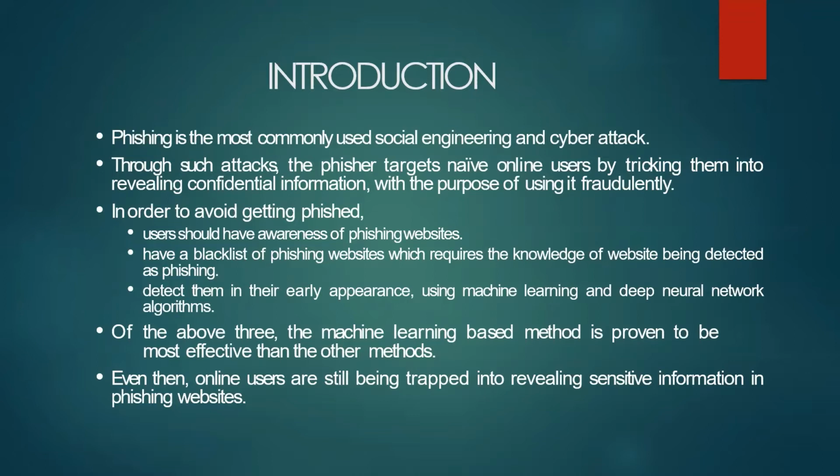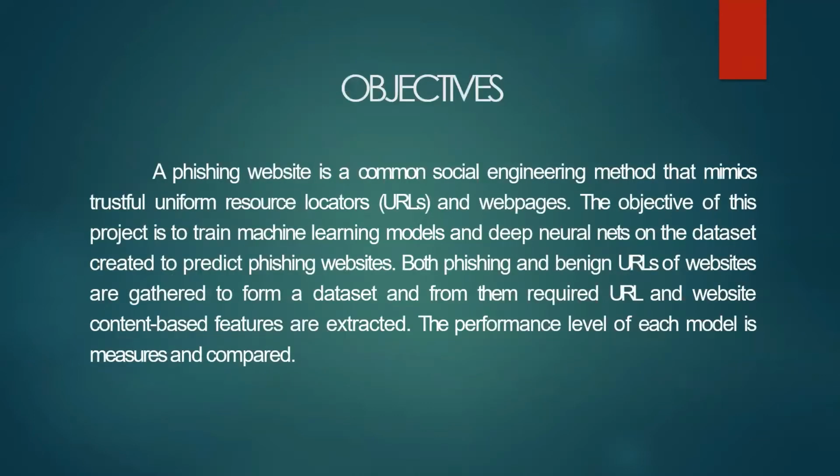In order to avoid those attacks, the user should know how phishing websites and phishing URLs look. The user should put the phishing websites in a blacklist so that the website can detect phishing mails or phishing URLs, and the user should detect them early using machine learning. Let's get into the second slide, that is objectives of phishing detection.